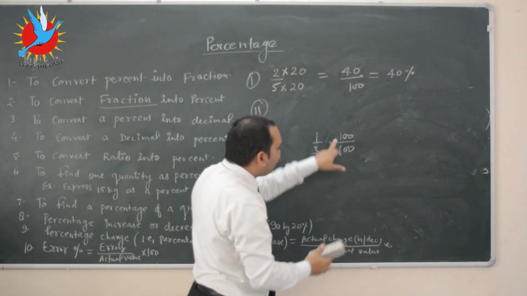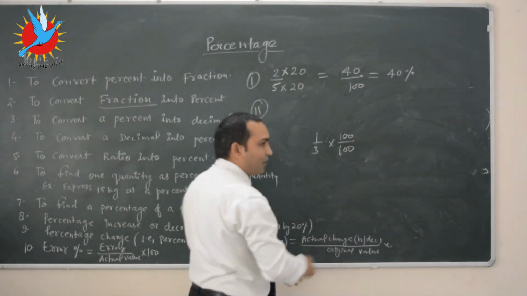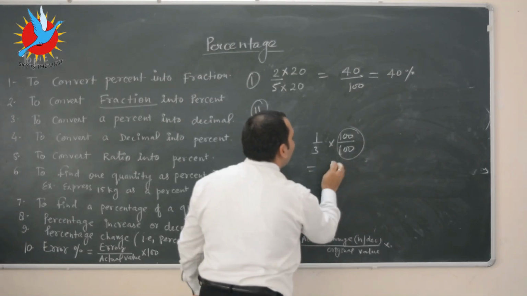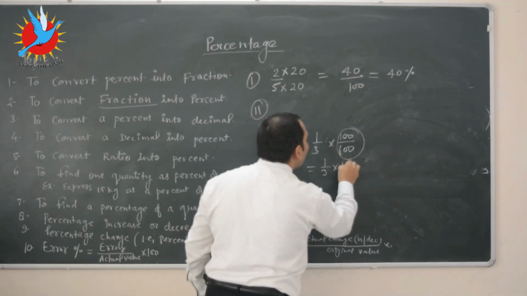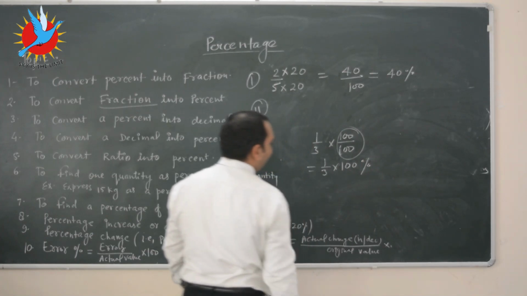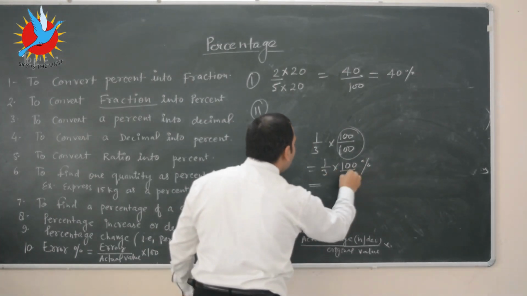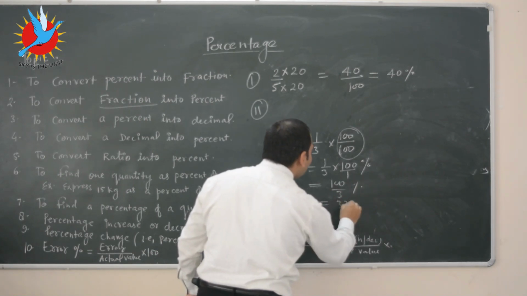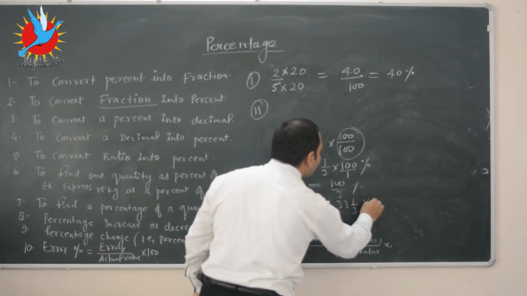So 100 upon 100 means 100%. So directly we write 100% in place of 100 upon 100, 1 upon 3 into 100%. And then we simplify, 100 upon 3%, which is equal to 33 whole 1 upon 3%.